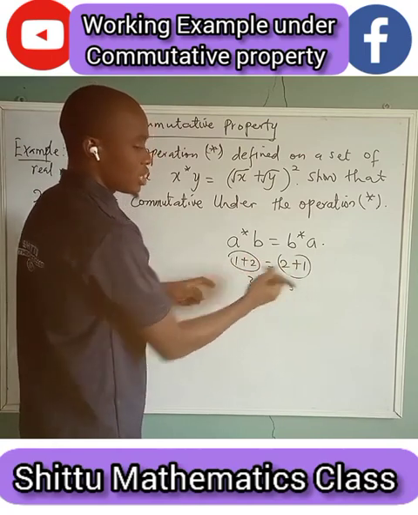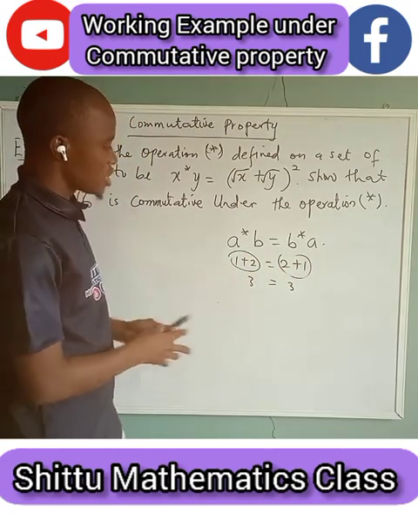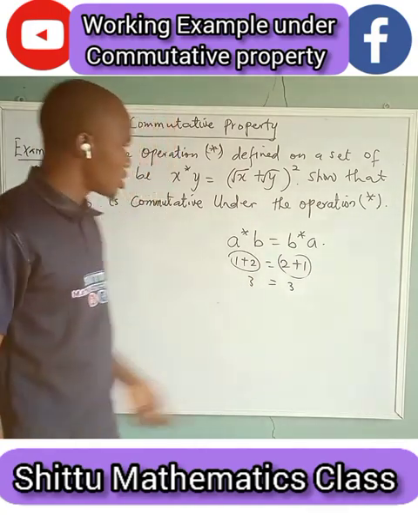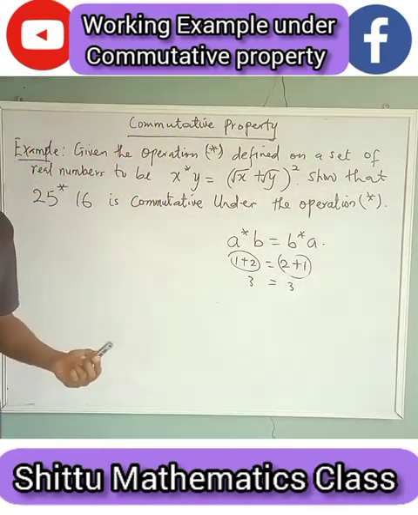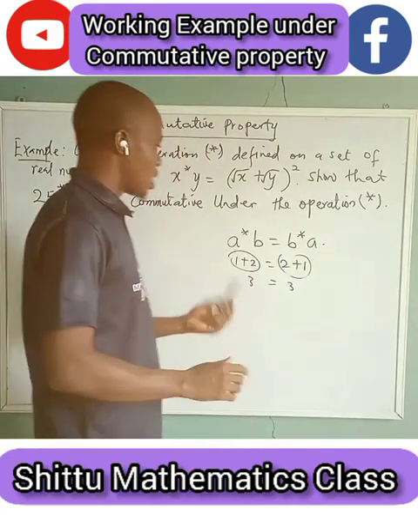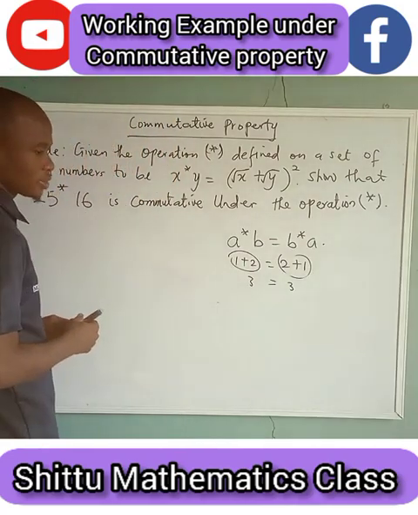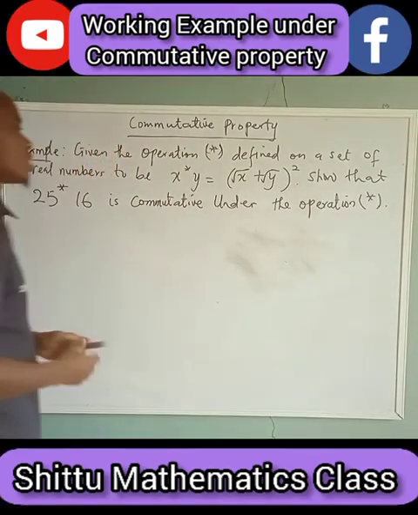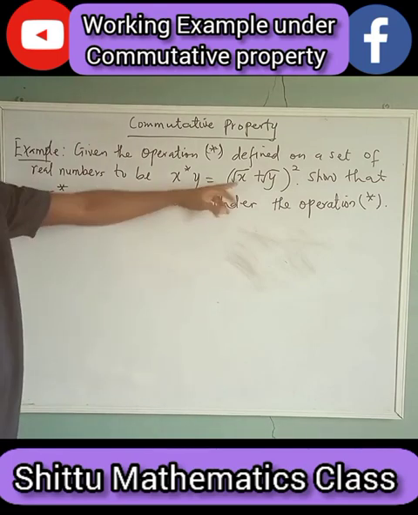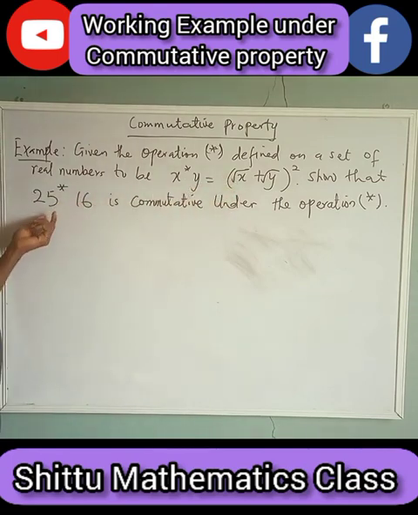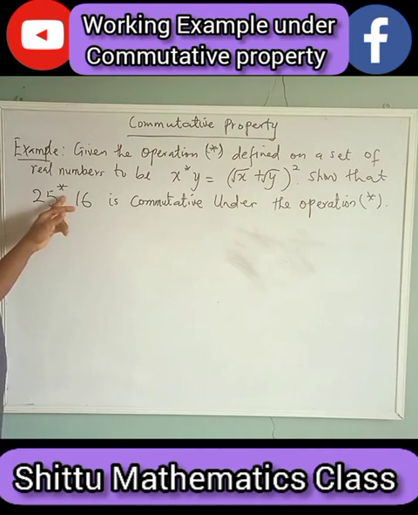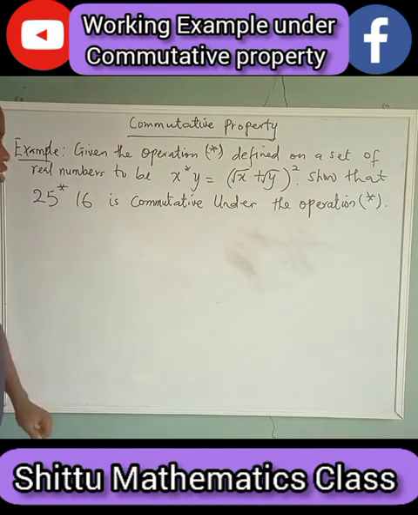You can see that we have 3 equals 3. It means this is commutative. Is that understood? That is what we are going to be looking at today. What we want to do here is to show that 25 asterisk 16 is commutative.